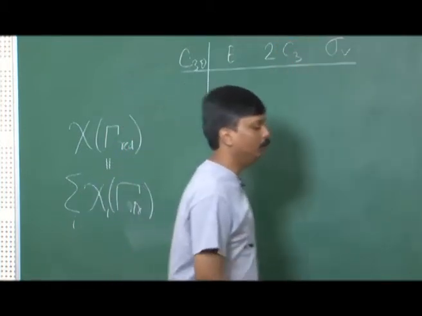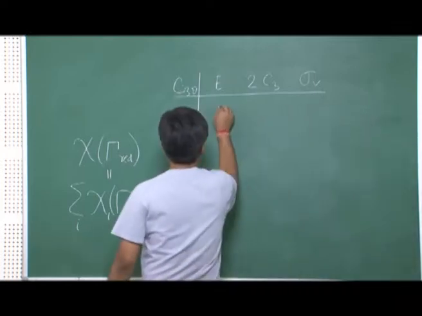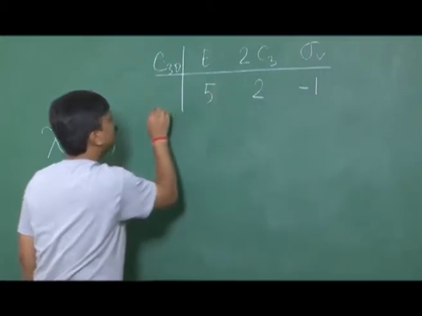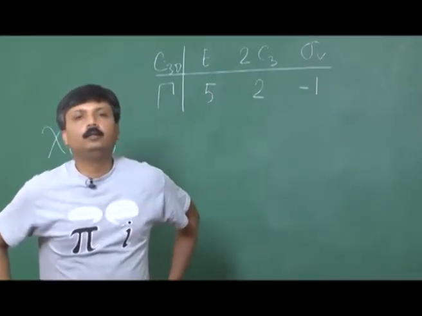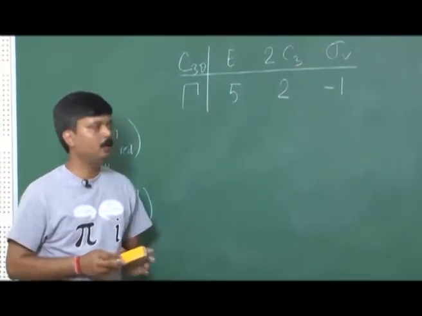What I can do is form the matrix and then find the character. So suppose I get the character of my representation as this, and this is reducible.